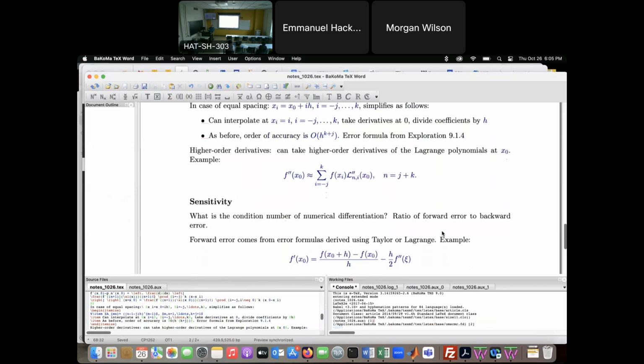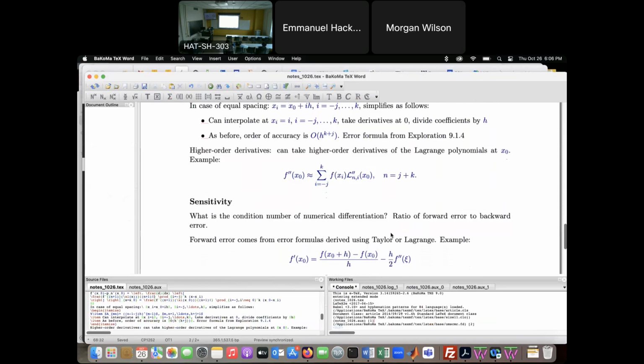So in this context of computing approximate derivatives, the forward error is the error term that you get from your finite difference approximation.